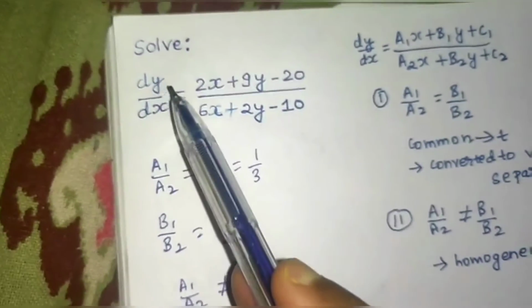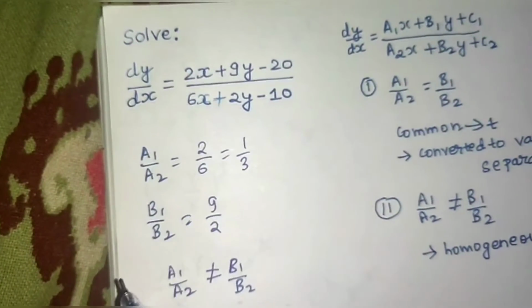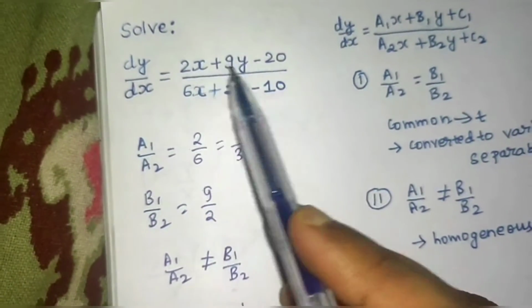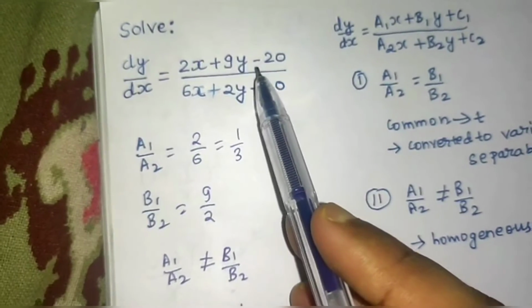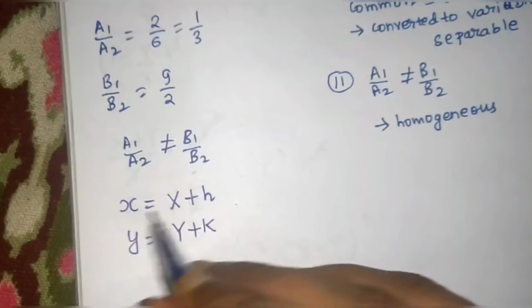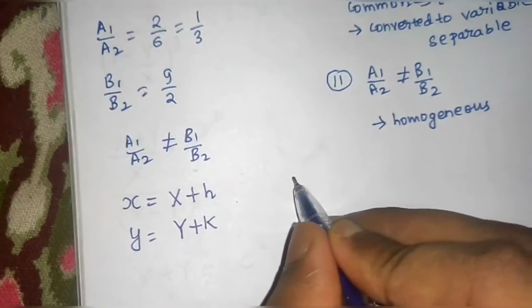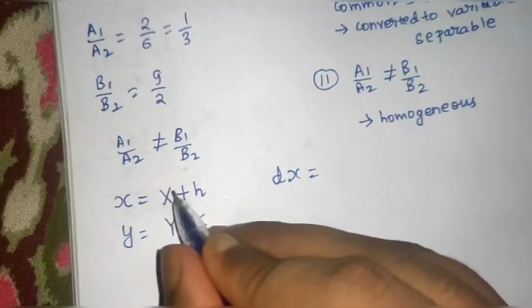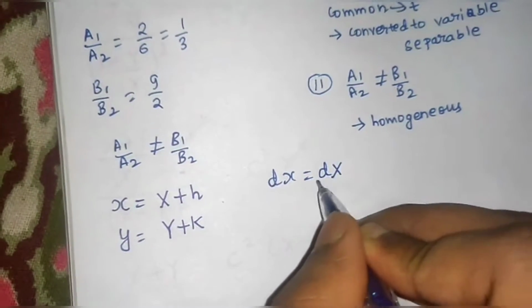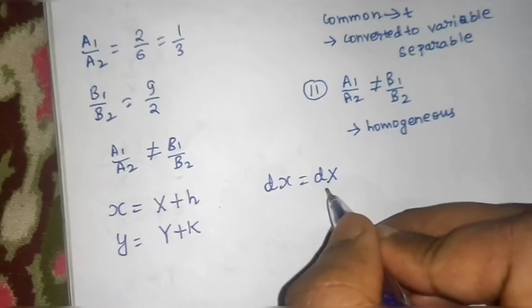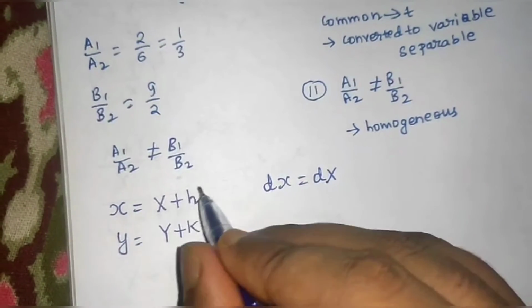As you can see, this dy by dx term is also there. I can easily replace x by capital X plus h, y by capital Y plus k, but dy by dx also I have to replace in the same step. For that, what will I do? If I differentiate this both side, I will get small dx equals to d capital X, and derivative of h is 0.